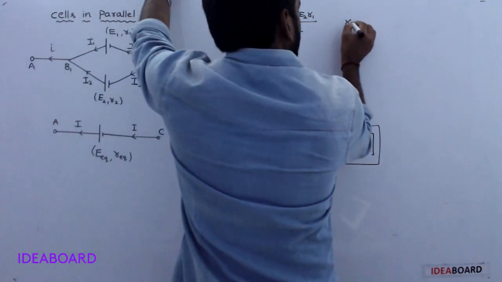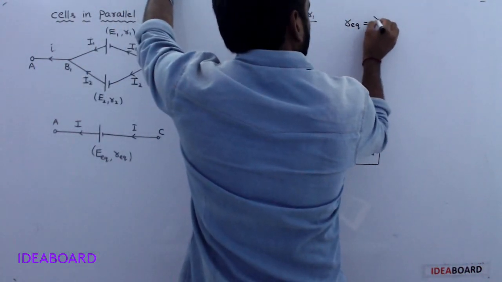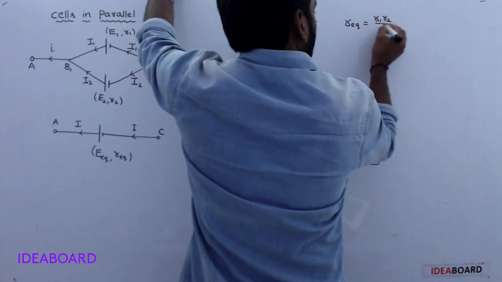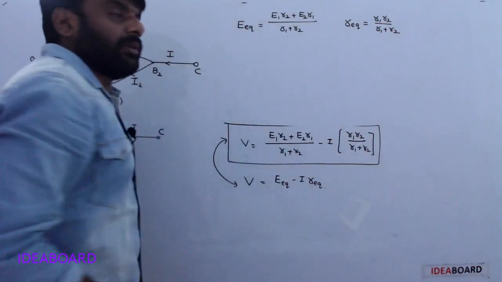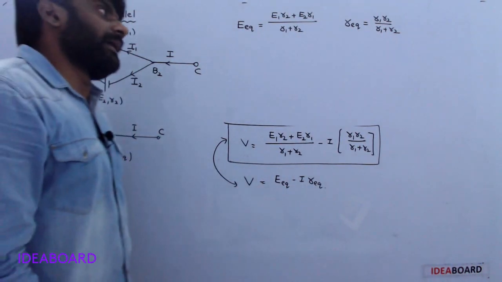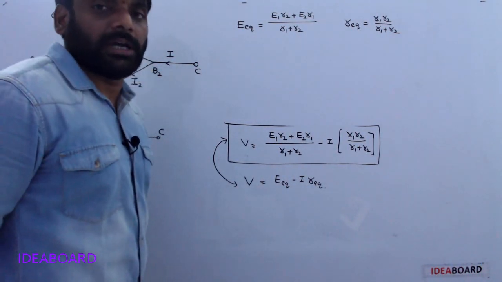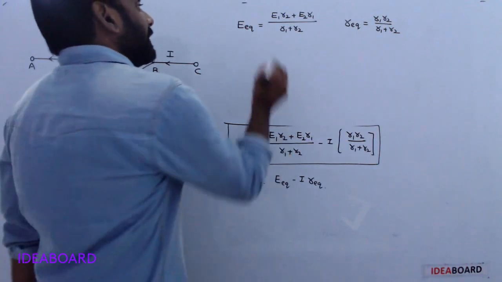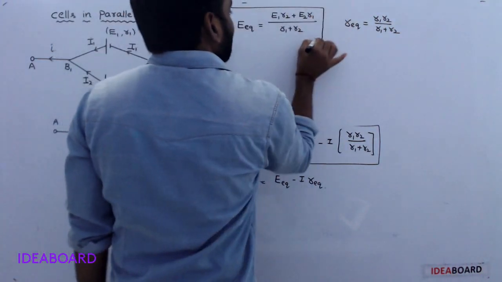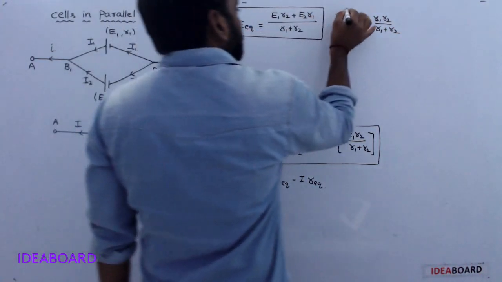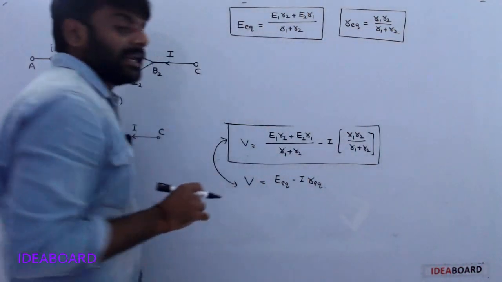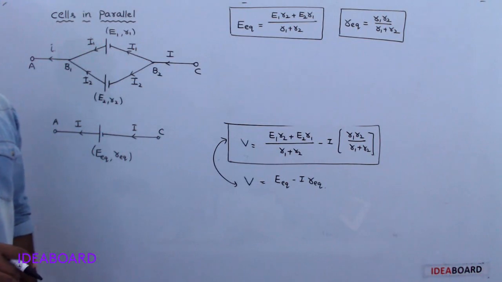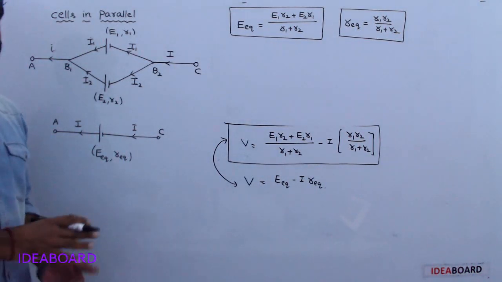Now R equivalent is equal to R1 R2 by R1 plus R2. Understood? Okay, so this one is the equivalent EMF, this one is the equivalent internal resistance. Understood?